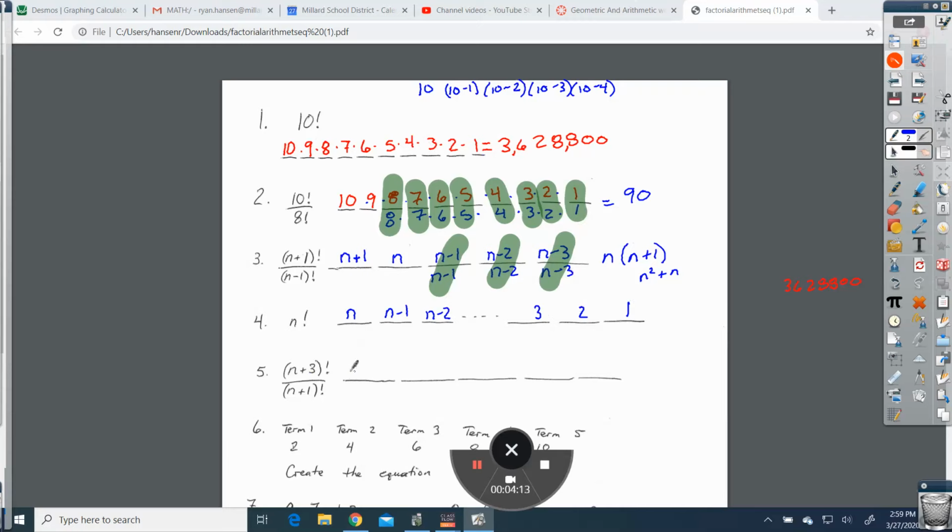Okay, so if this is n plus 3, remember we start at n plus 3, now we go 1 less, so 1 less than n plus 3 would be n plus 2, n plus 1, just n. Now 1 less is n minus 1. Now since I've started at n plus 1, I go down 1, down 1, down 1. And so these all cancel each other off.